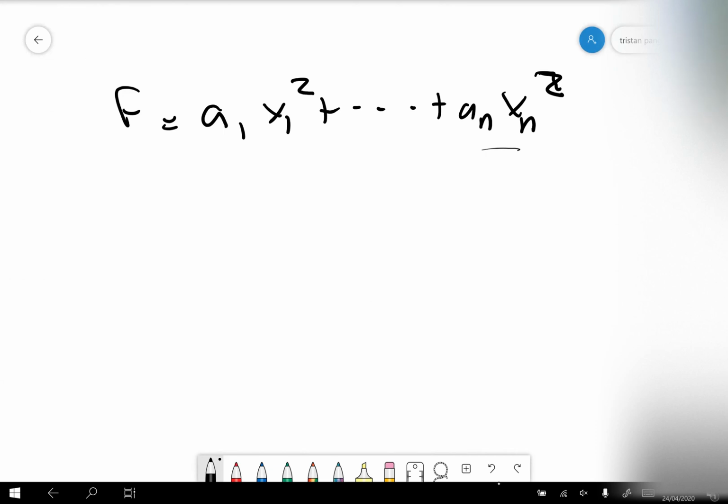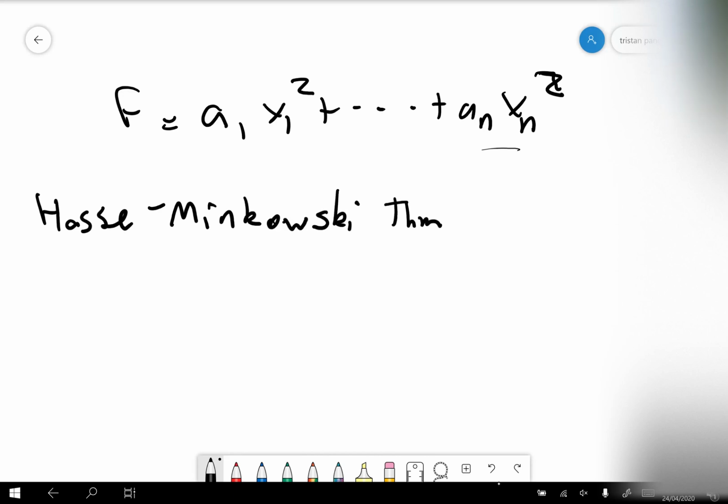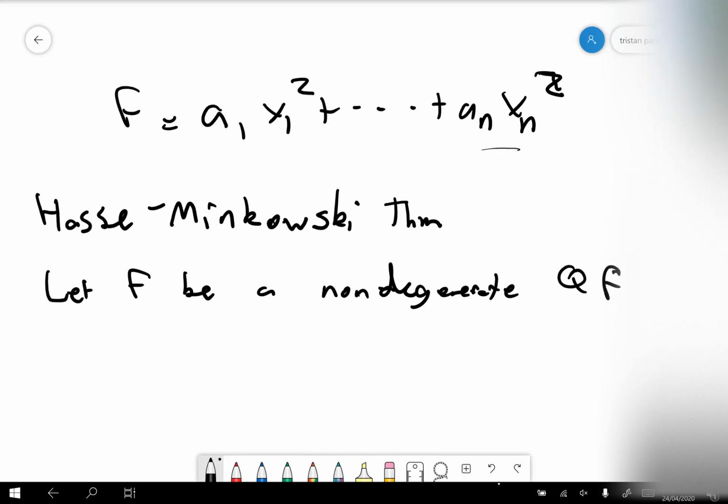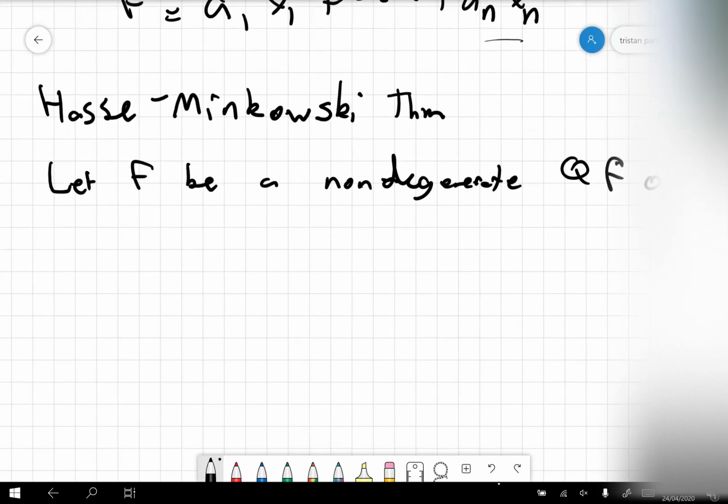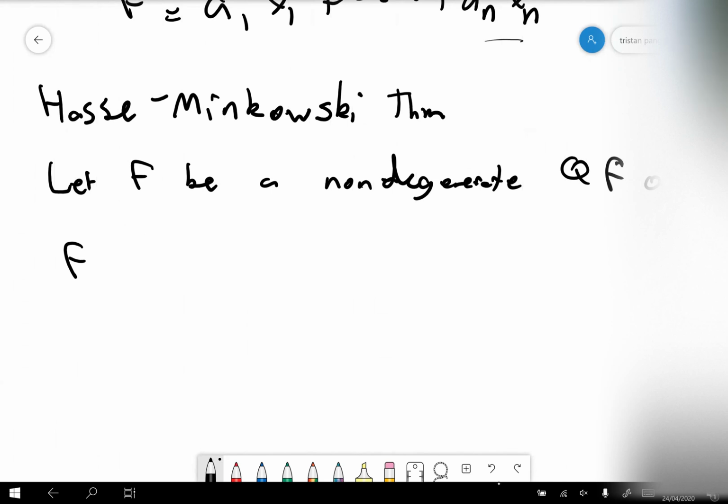The Hasse-Minkowski theorem states that if f is a non-degenerate quadratic form over the rational numbers, then f has a non-trivial zero, so there exists some a such that f of a equals 0, if and only if it has a solution in every p-adic field and also in the real numbers.